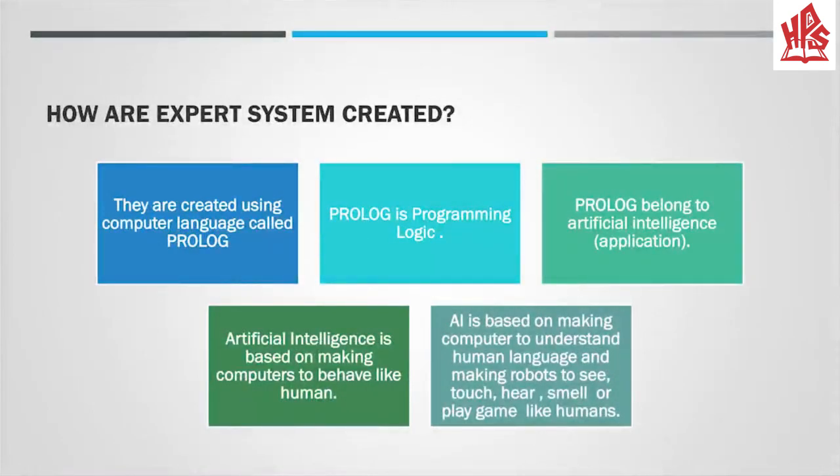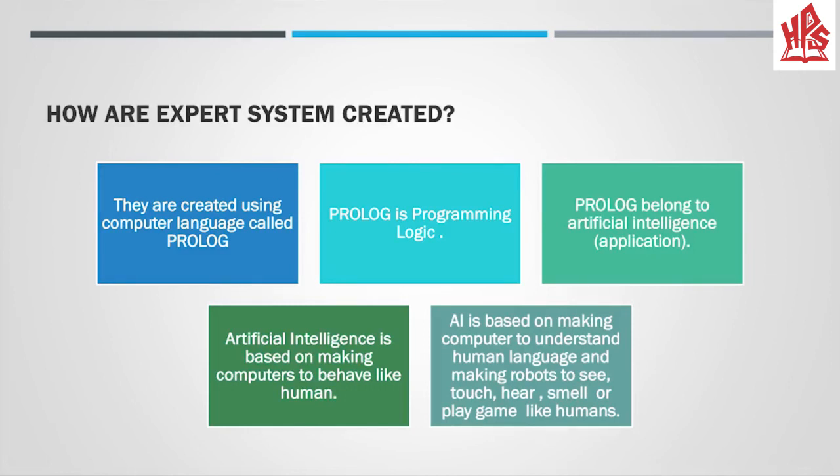How are expert systems created? First, we need to understand that they are created using a language called Prolog. It is a special computer language which is a programming logic language. You need to understand that the category it belongs to is known as artificial intelligence, which is concerned with getting computers to behave just like humans.